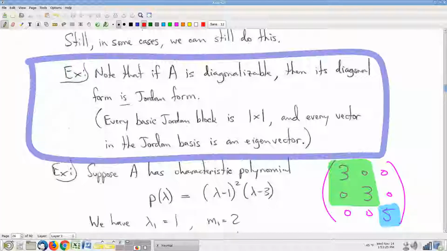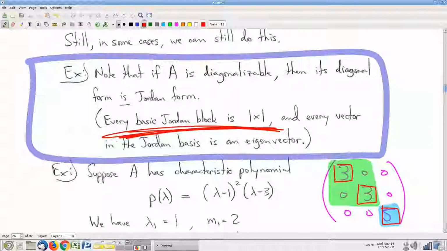And the basic Jordan blocks are all just 1 by 1. So, a neat observation. You might have to rearrange the diagonal entries to get the repeated eigenvalues together to make an eigenvalue block. But diagonal form is Jordan form.